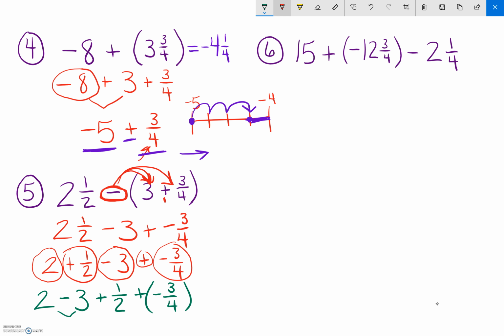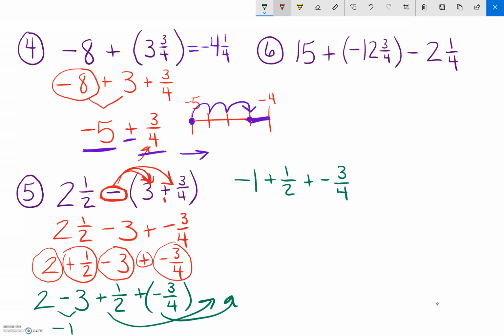If I do keep switch opposite, 2 minus 3 becomes negative 1. And I'm going to rewrite everything else that would still be left. So this was negative 1. We're going to bring all of this stuff up. Plus 1/2 plus negative 3/4.